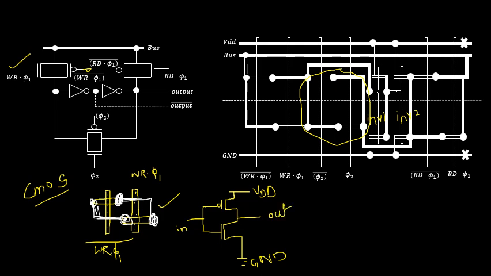Similarly, I want another inverter also to be placed. So in case of a stick diagram, I am considering a vertical layer to be say polysilicon layer. So this is a vertical layer of polysilicon. Then I am having P type of diffusion.